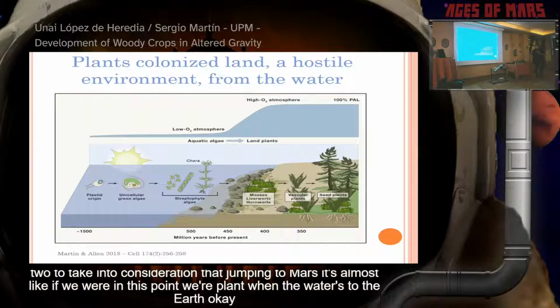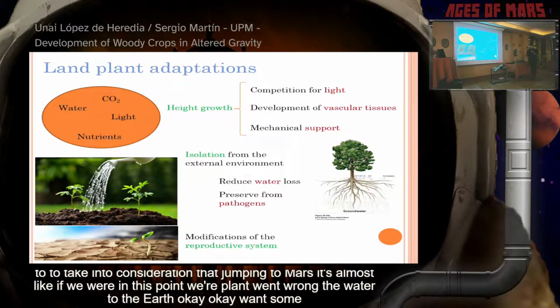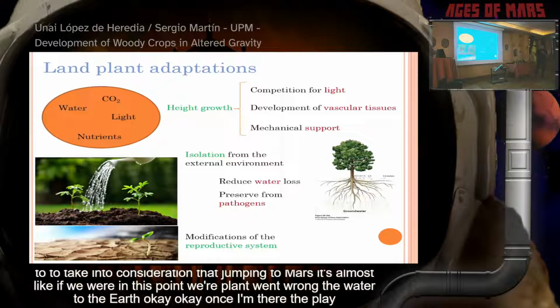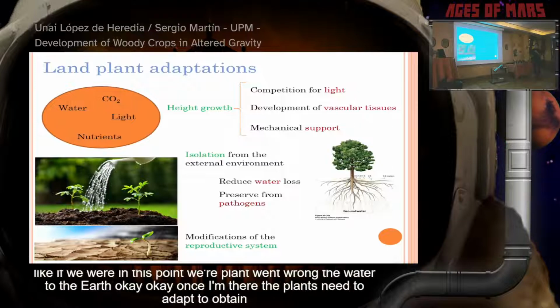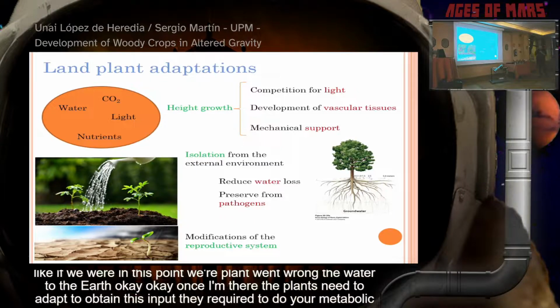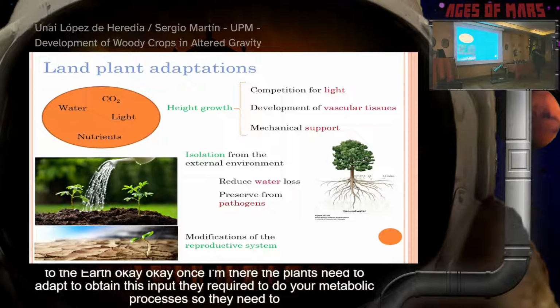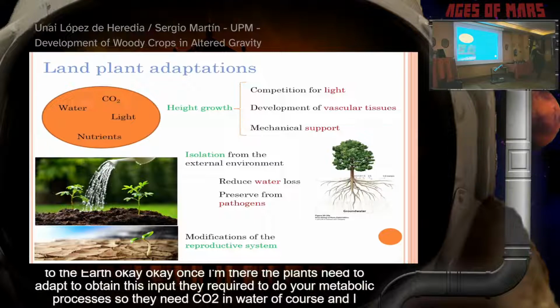Okay, once on Earth, the plants need to adapt to obtain the inputs they require to do their metabolic processes. So they need CO2, they need water, of course, they need light, and they need nutrients.